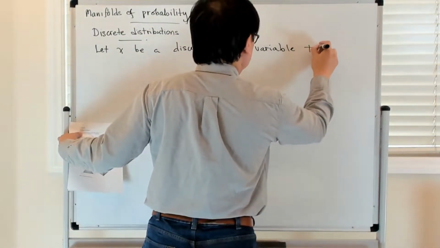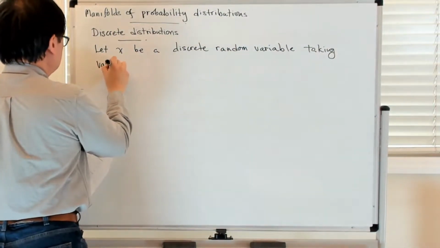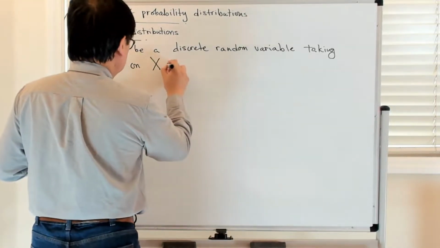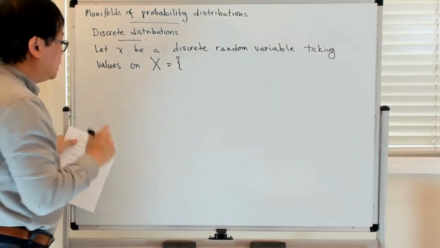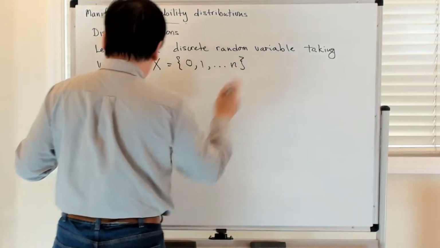Taking values on space big X, which is just a set of possible outcomes, let's say 0, 1, all the way up to n. Okay?